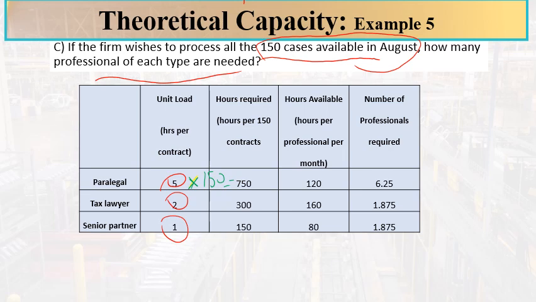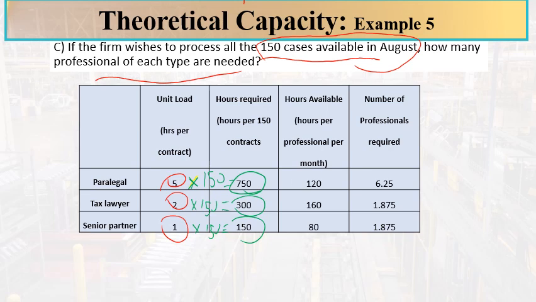So we get 750 here, we get 300, and 1 times 150, we get 150. So this is the hours required to meet the demand of 150 cases.